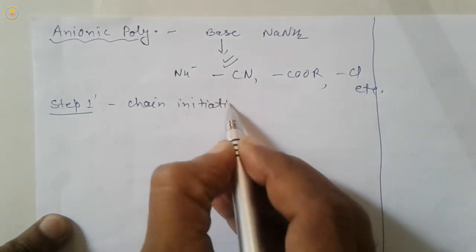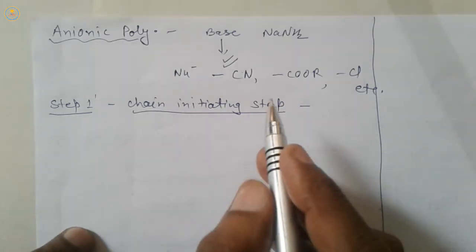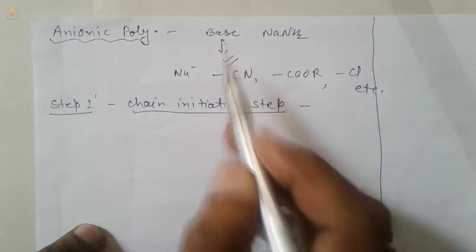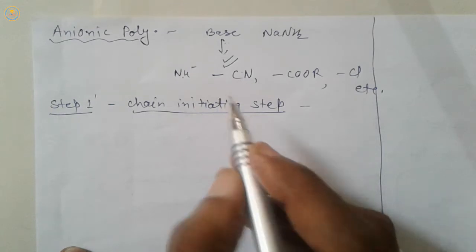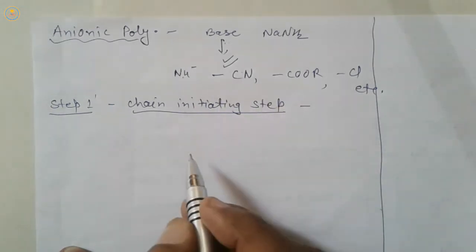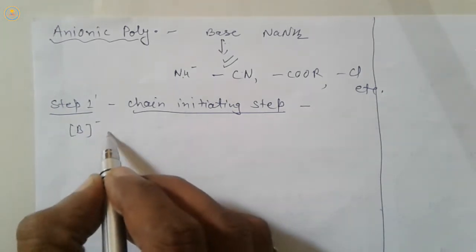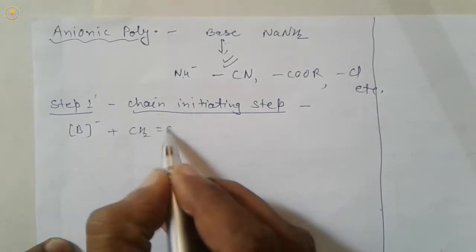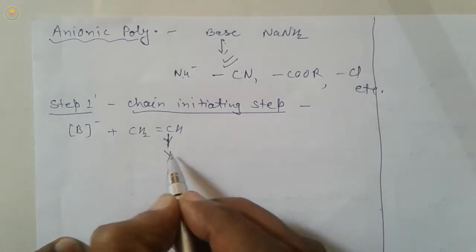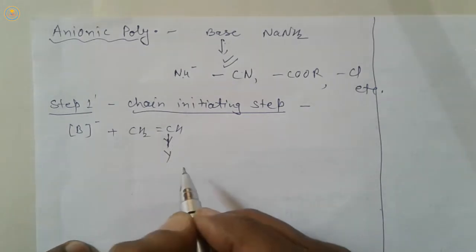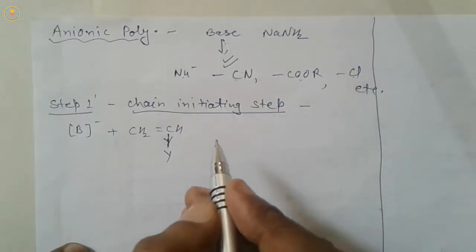In this step, the base acts as a nucleophile and reacts with a monomer molecule to form a carbanion and the process starts. So it is a nucleophile like a base and it is a monomer unit. Here Y is an electron withdrawing group such as cyanide, ester, chloride, etc.